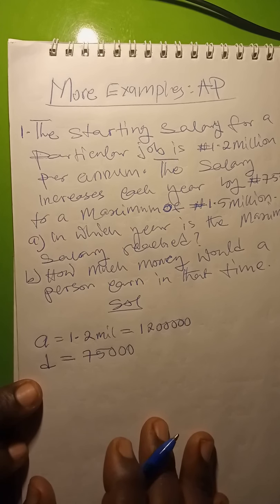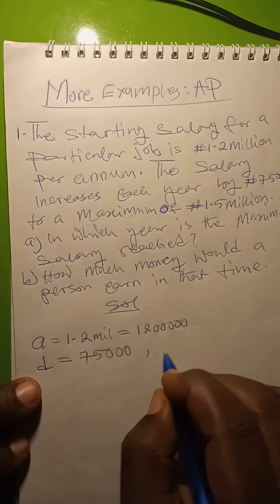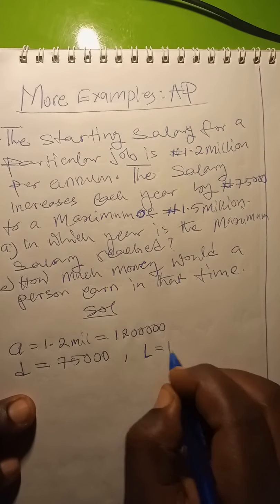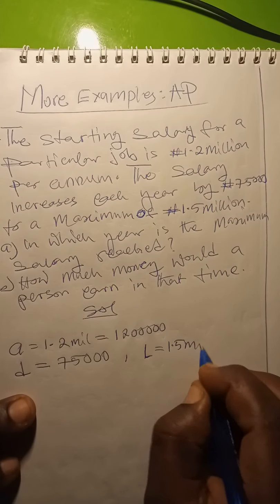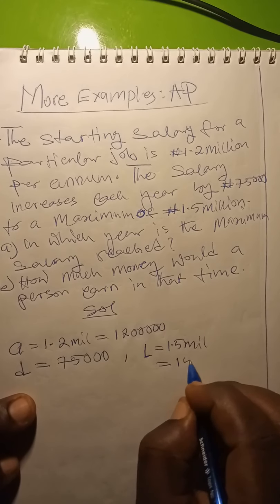Now, to a maximum of 1.5 million, so that's the last term. L is equal to 1.5 million naira, which can be written as 1,500,000.